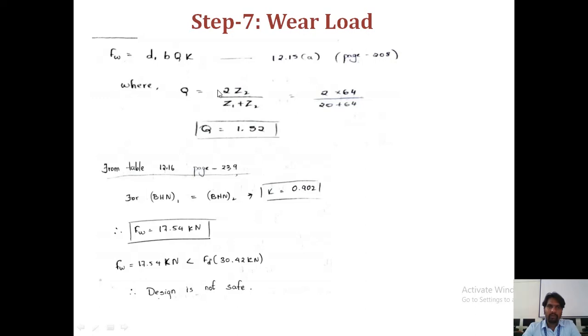So Q is known, K is known, B is 10 times M, and D1 is known. Calculate FW. Look at this, FW is less than Fd, which is 30.42, so the design is not safe.